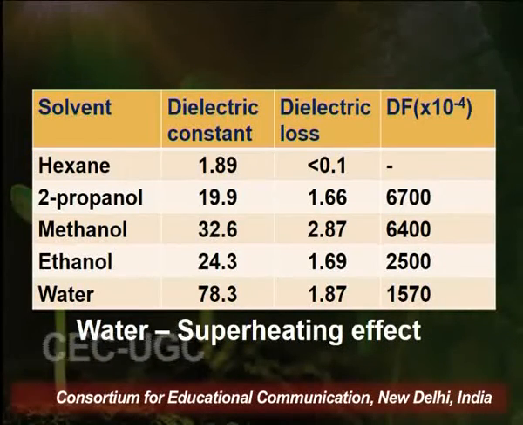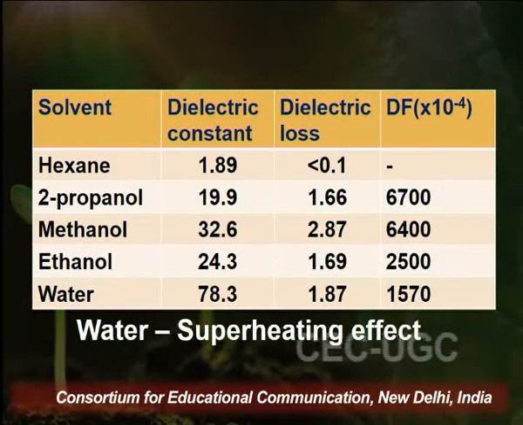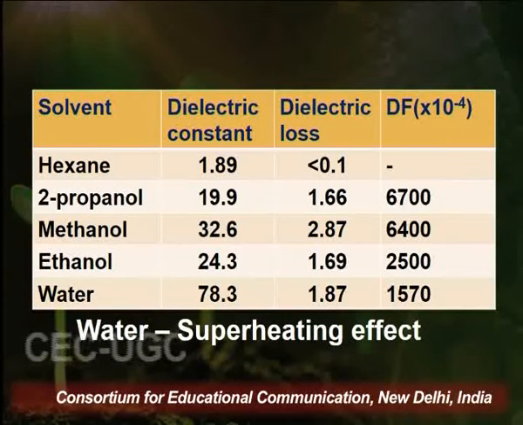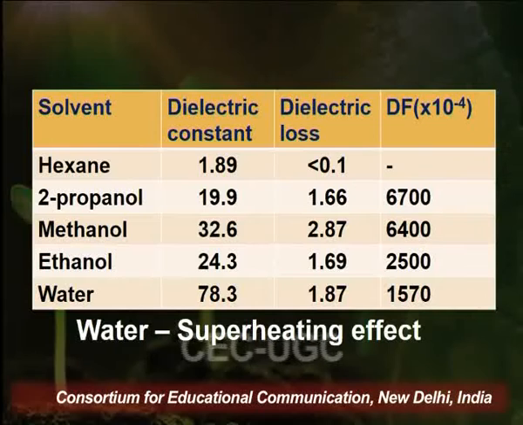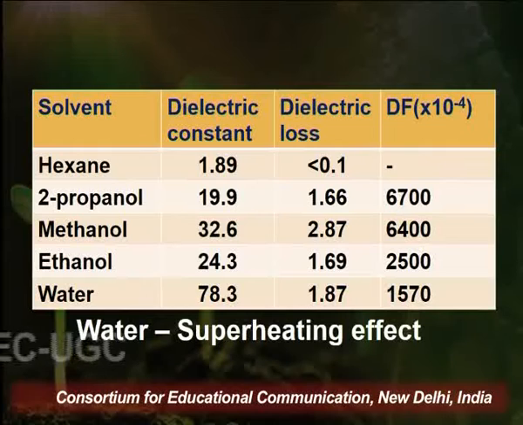Now I will explain how water will help you in the extraction process. Whenever we use a drug, it contains a small amount of moisture. This moisture or water present in the drug particles will absorb the microwave radiations and start heating up, but it has a poor dissipation factor, so it will not dissipate the heat.